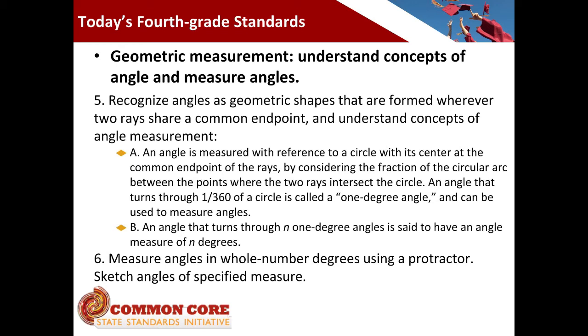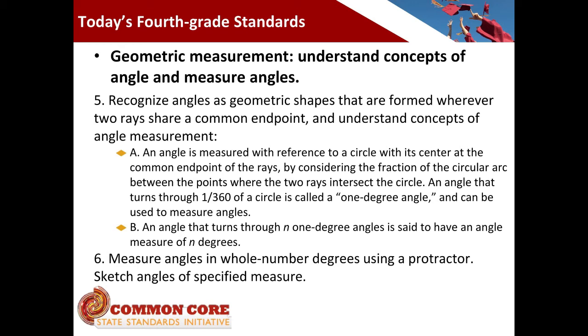First I have to define the angle, which is there in standard 5, the whole idea that an angle is formed with 2 rays that share a common endpoint. Understand that it doesn't matter how long the rays are that make the angle, it's about the span that the angle encloses.